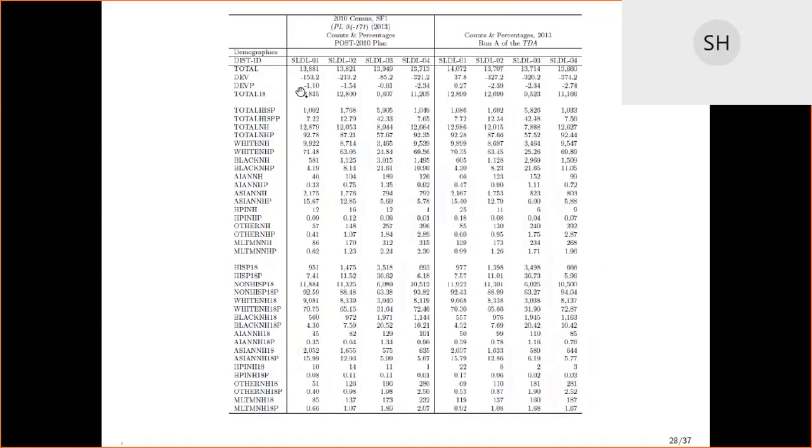In this last table, this is the lower chamber, so 13,000 is roughly the size of each one. So the first district, 13,881 under swapping, 14,072 under the top-down algorithm.